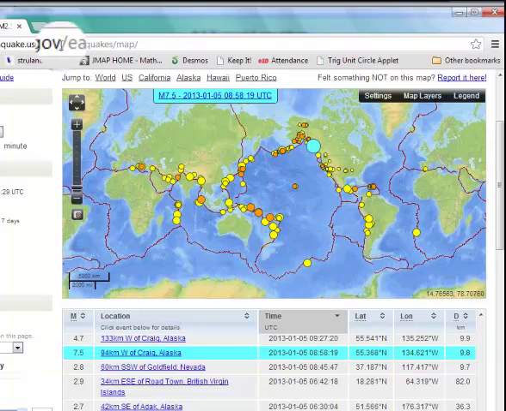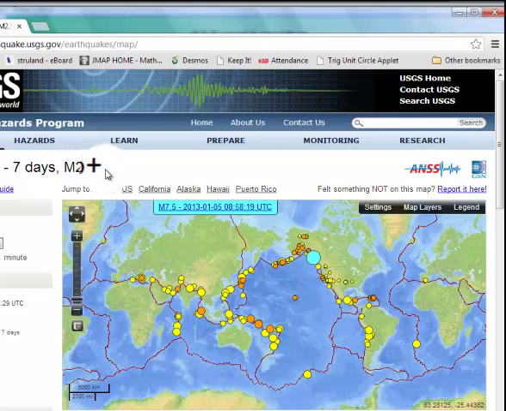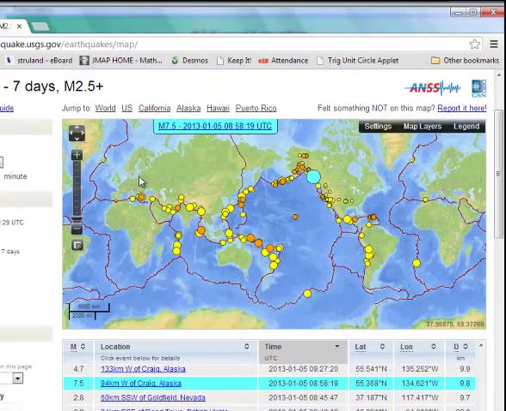It's earthquake.usgs.gov, and it keeps track of all the earthquakes that are happening in the world. Right now, it is showing all the earthquakes that happened in the last 7 days that have registered at least 2.5 or above. You can click on the little buttons and see where the earthquakes have been.